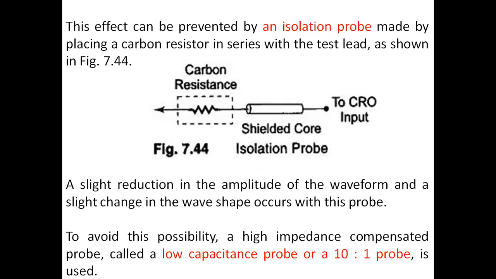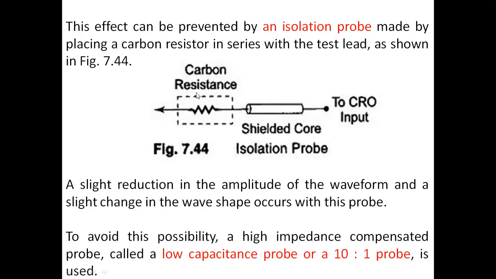So how can we reduce this stray capacitance? That one is called an isolation probe. An isolation probe is made by placing a carbon resistor in series with the test lead. So the stray capacitance effects are decreased or prevented by using a shielded core and a carbon resistance.